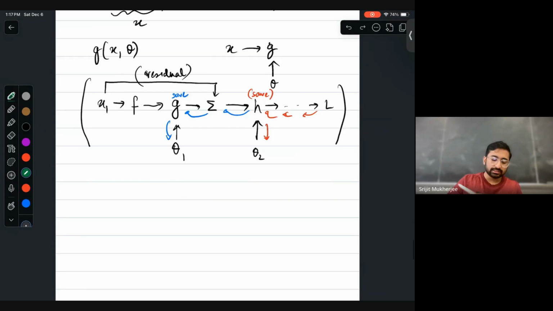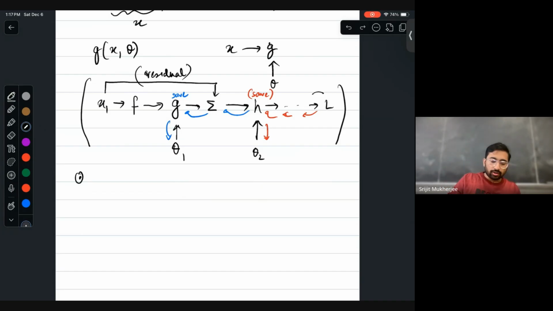So how is this important? You see that the first step is this. In the first step, you're actually finding the output here, at every step. So that's feed forward. Feed forward and backward, feed forward and backward.